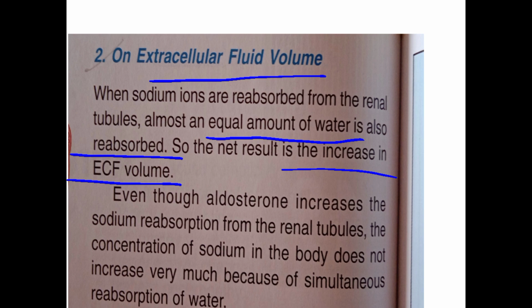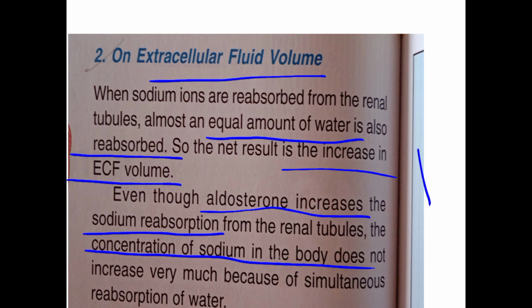When aldosterone increases sodium reabsorption from the renal tubules, the concentration of sodium in the body will not increase as much because of simultaneous reabsorption of water. If sodium is reabsorbed more and more, water is also reabsorbed, so there will be an increase in urine output.